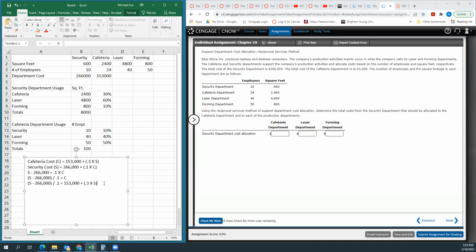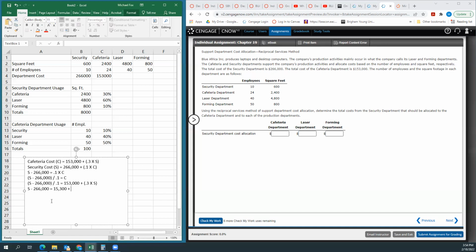So now if I solve that, the first thing I'll do is multiply both sides by 0.1, which leaves me with S minus 266,000 equals 153,000 times 0.1, which is 15,300, plus 0.3 times S, which we could just write as 0.3S.